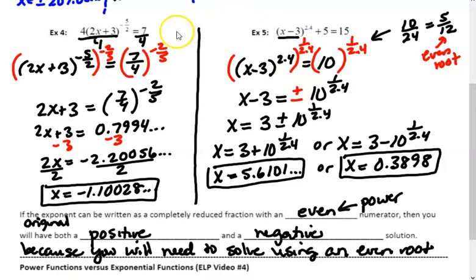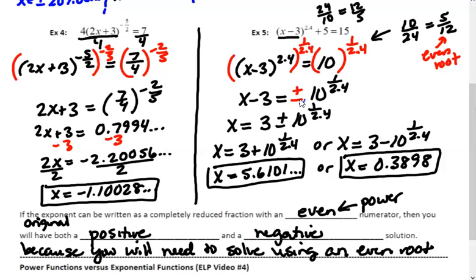This one had an odd power in the original exponent, so when I solved it, I needed an odd root, so I didn't need plus or minus. This one, 2.4, was 24 over 10, which is 12 over 5, so it had an even power to start out with, meaning I needed an even root to solve, so I needed the plus or minus here.